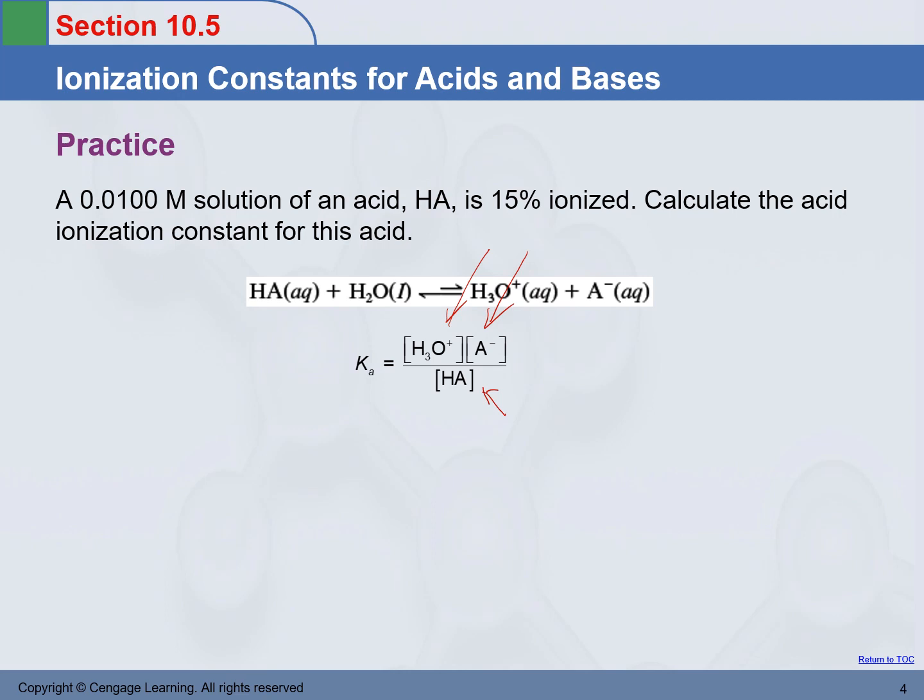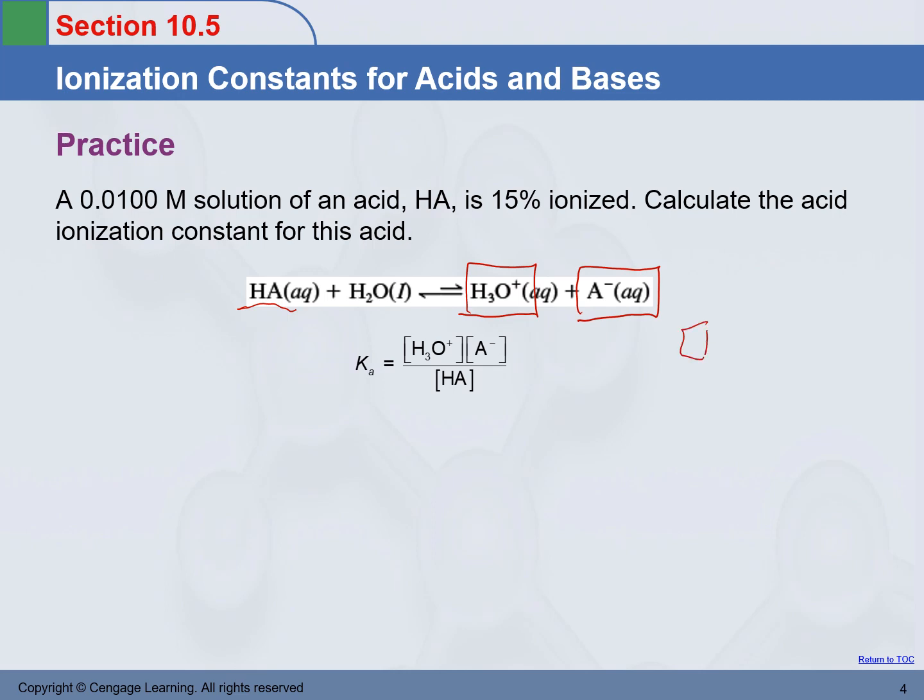So before that, let's clarify this. Once you dissolve HA in water, the amount of hydronium ion and the amount of A minus, the conjugate base of HA, should be equal.